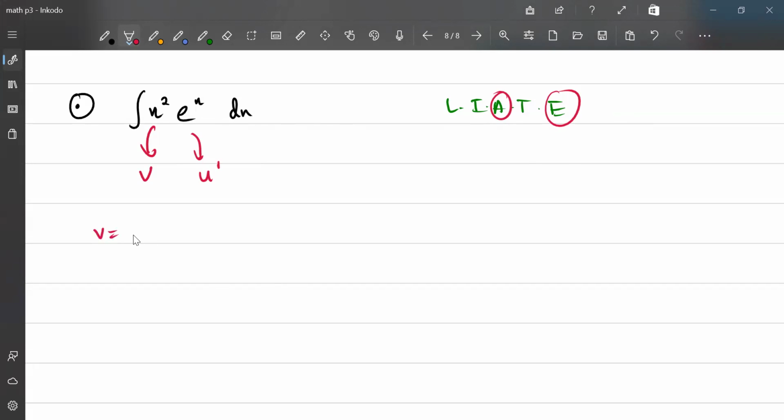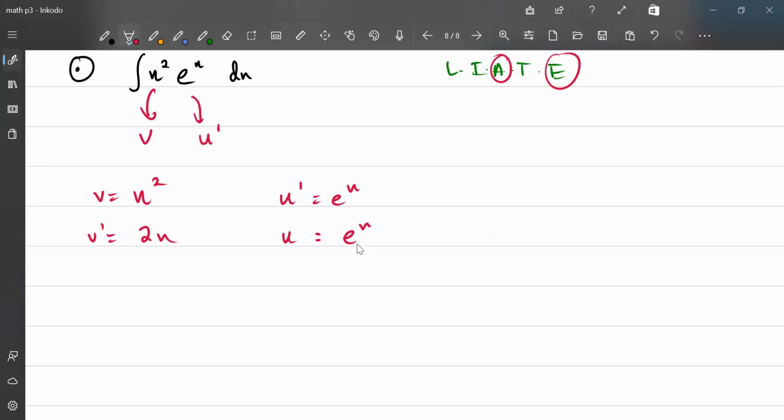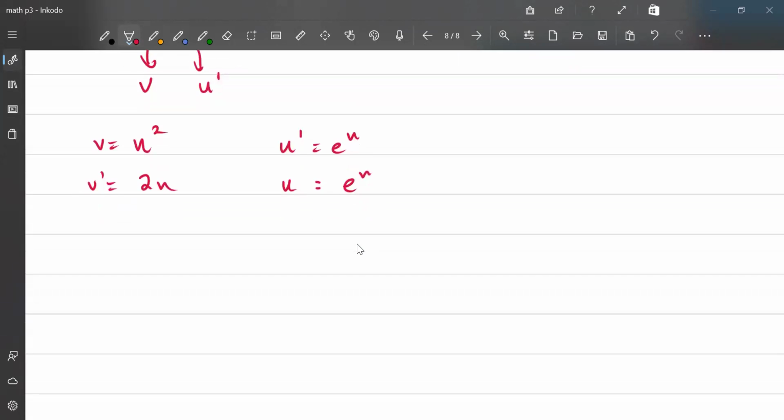So v is x square, u dash is e to the power x, so v dash would be 2x, and the integral of this would be e to the power x. Now you have to apply the formula, which is vu minus integral of uv dash.